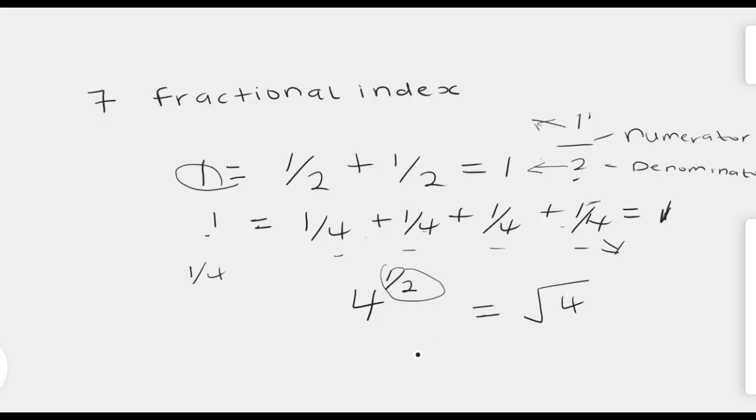Similarly, you have 4 raised to the power 2 over 3. This 3 now will come out and become a cube root. Then you put 4 and you bring your power above, that's 2. 4 raised to the power 2/3 is simply, if you separate these things, 2/1 times 1/3.